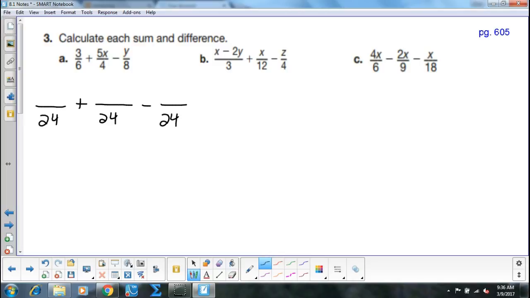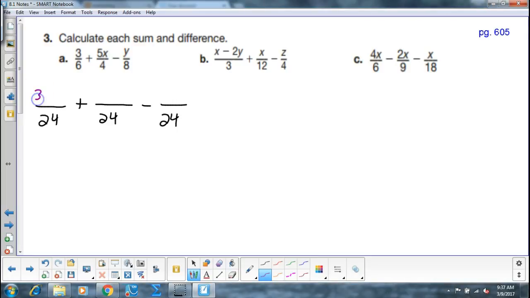Okay? So, step number 2. What do we have to do? We got to adjust, right? Okay? So, 6 times what gets me 24? 4. So that means I've got to multiply 3 by 4. 4 times what gets me 24? 6.